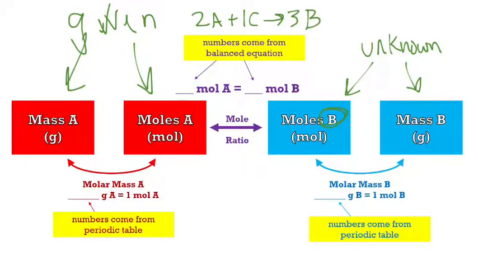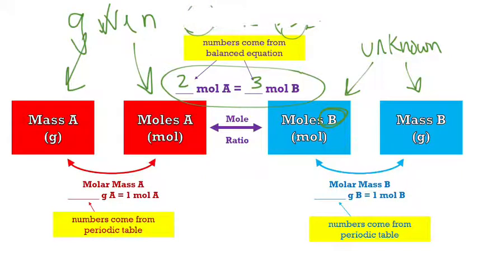I don't know what those really are because this doesn't make sense from a chemical and element perspective, but still, if this was my equation, I'd be taking the 2 and the 3 from in front, those coefficients, and using those in my mole ratio to convert from A to B. Every single question is going to involve moving from one substance to another using that mole ratio.